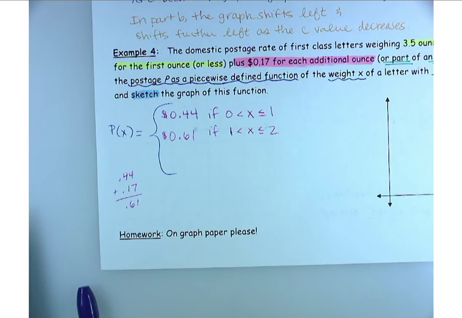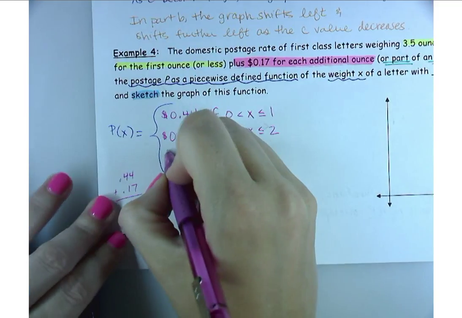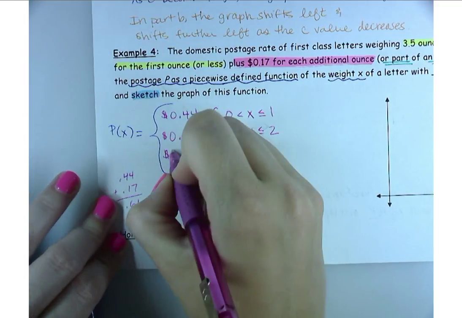So each time you go up an ounce, how much is it increasing by? How much more does it cost you for each additional ounce? 17 cents. So how am I going to find the next value? I'm going to add 17 cents, right? Okay, so if I add 17 cents to 61, what am I going to get?